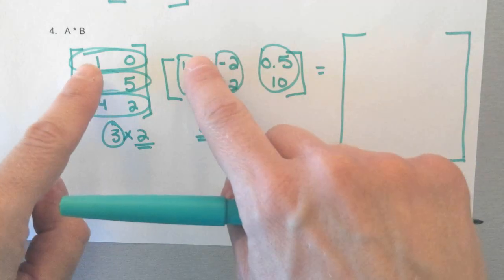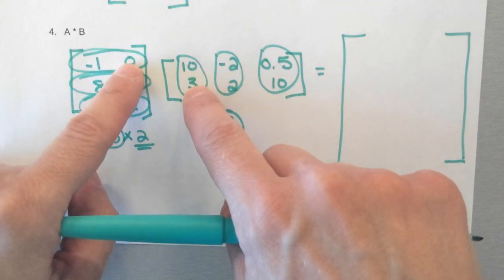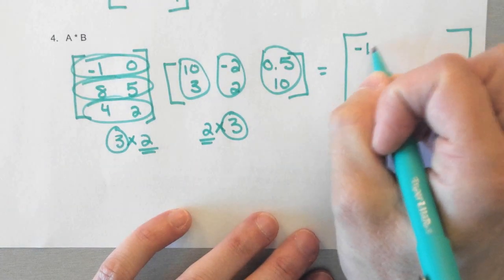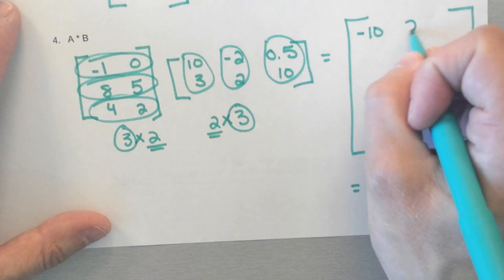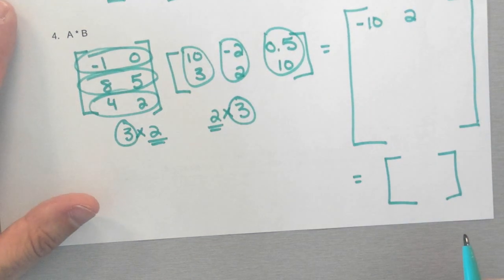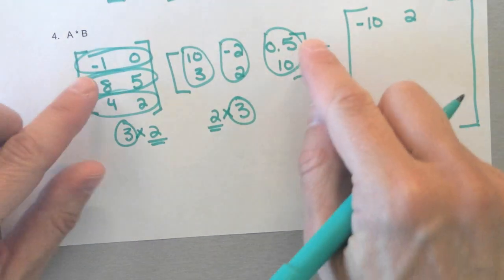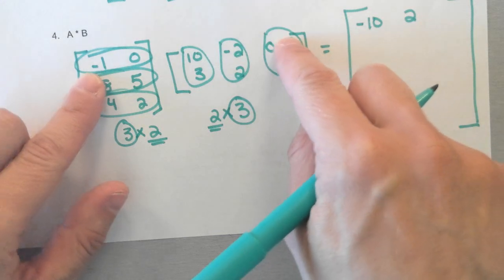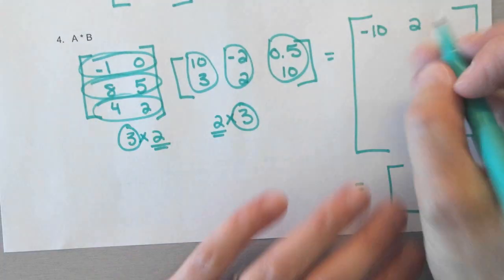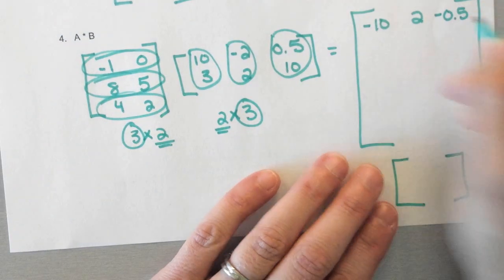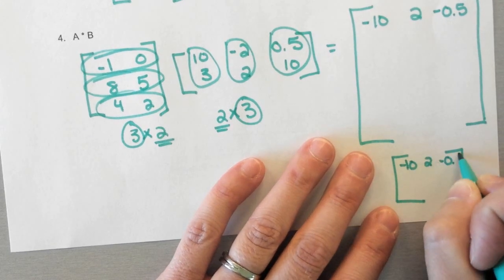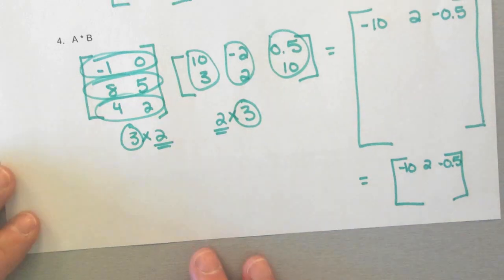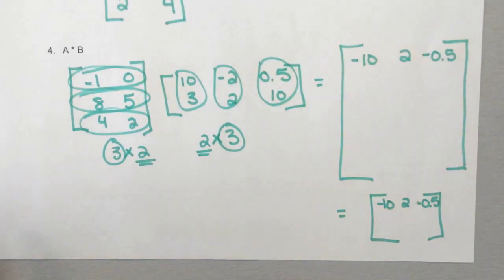Okay, here we go. -10 plus 0 is just -10. 2 and 0 is just 2. -0.5 and 0, so this will be just -0.5. So that one I really probably didn't need to do 2 steps on, but the other lines are a little bit trickier, not much though.